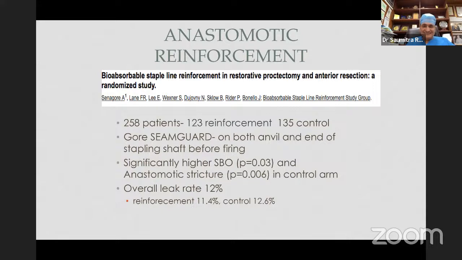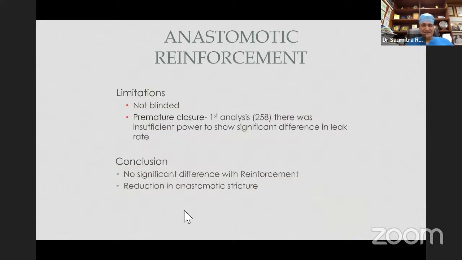They were using a seam guard on the stapler, on the circular stapler on both sides, the anvil and the end of the stapling shaft. And in this particular one, they found no significant difference whether you are using the reinforcement or not.